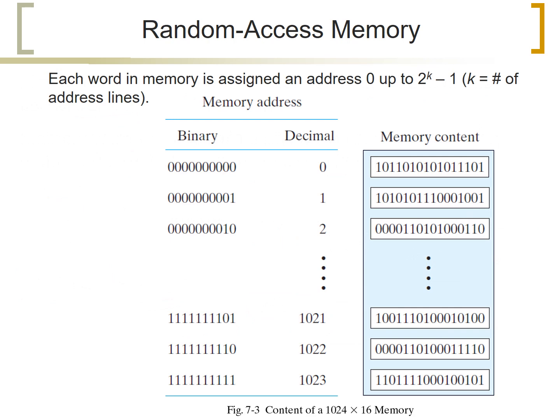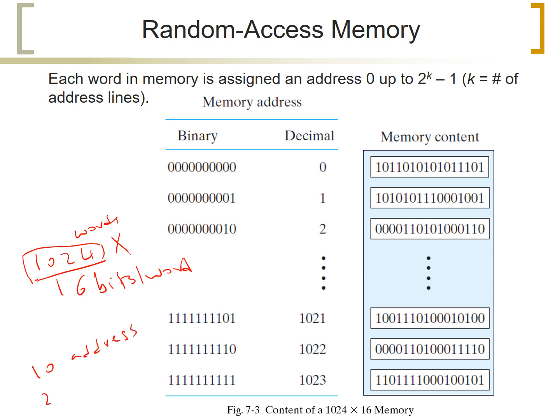To give an example, we consider a memory element, as we can see in this figure here. It contains 1024 words. So we call it 1024 multiplied by 16, which is 16 bits per word. So 1024 words in the memory. For 1024 words, we need 10 address bits, because 2 to the power 10 is equal to 1024.